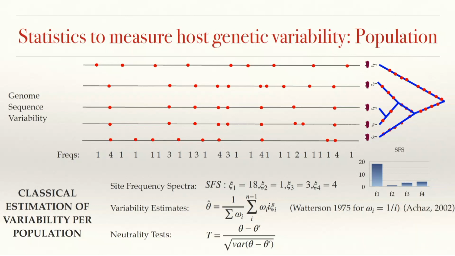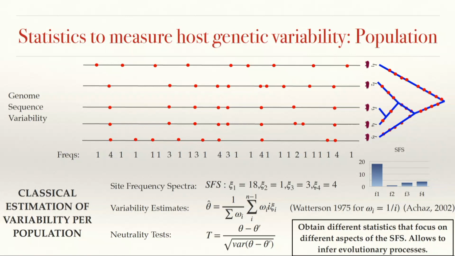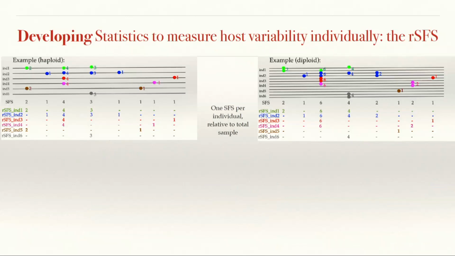Using different weights, we can focus on different aspects of the site frequency spectrum and take different estimators of variability. With these estimators, we can infer evolutionary processes using tests like Tajima's D that compare the different estimators of variability.